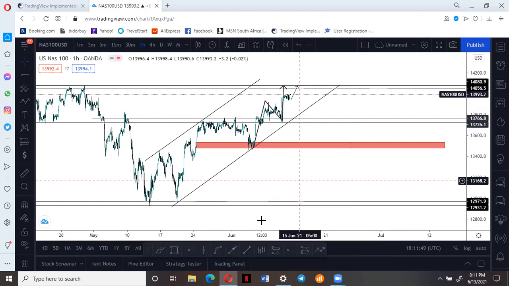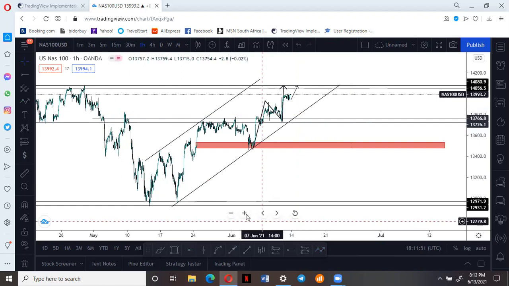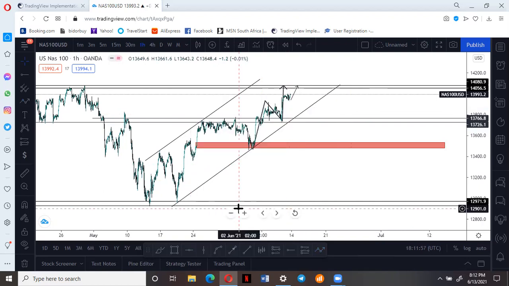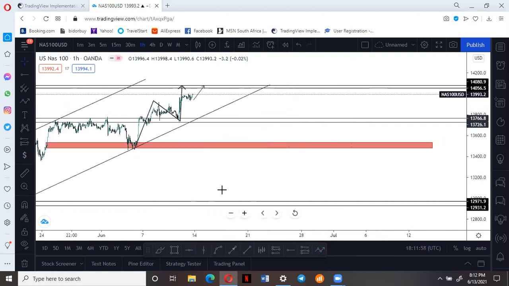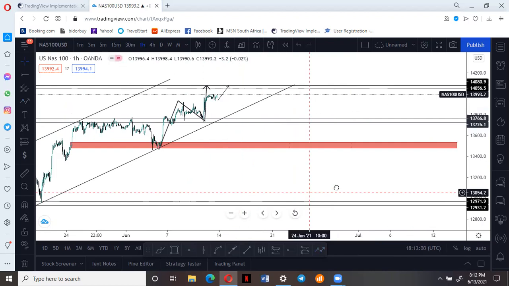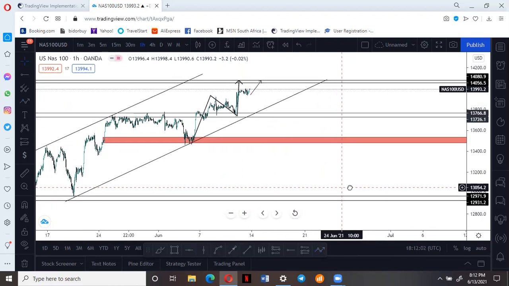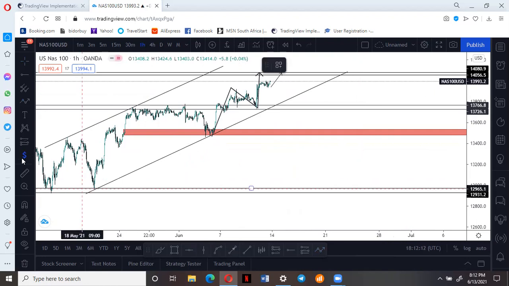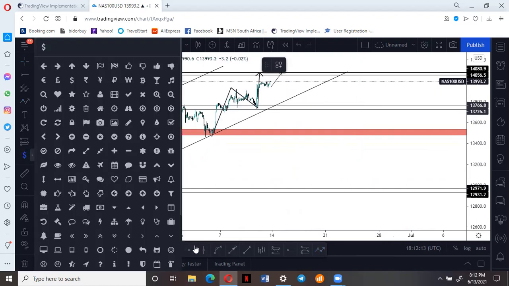Now, what can we expect from this target, or after it reaches that zone? To be clear, from this point here, people have been buying, and from this point here, people have been buying and setting their stop losses.